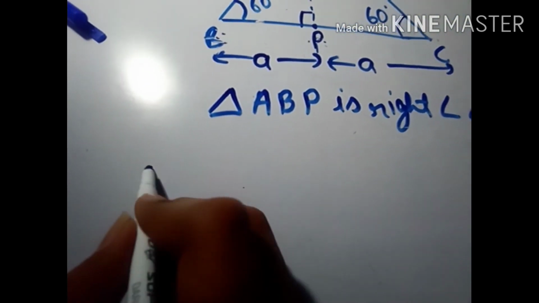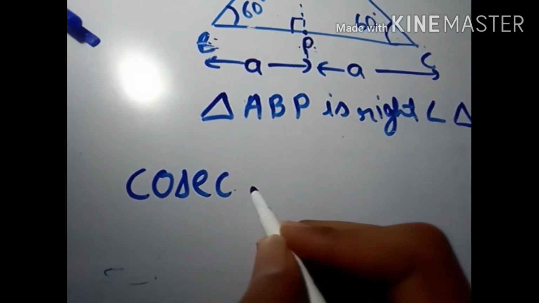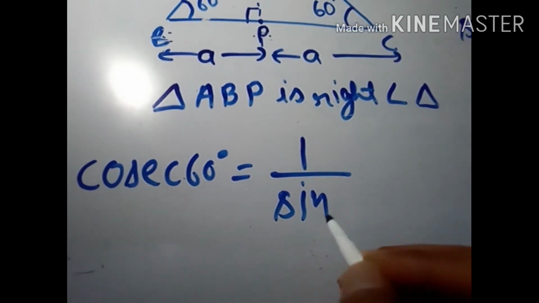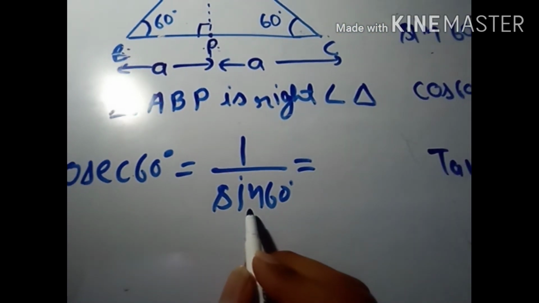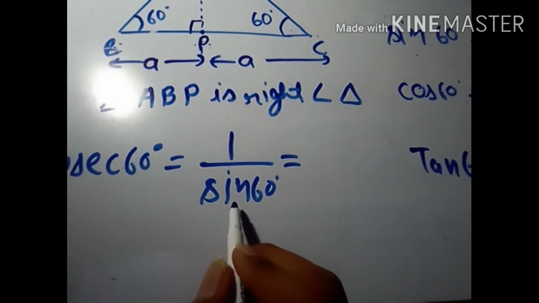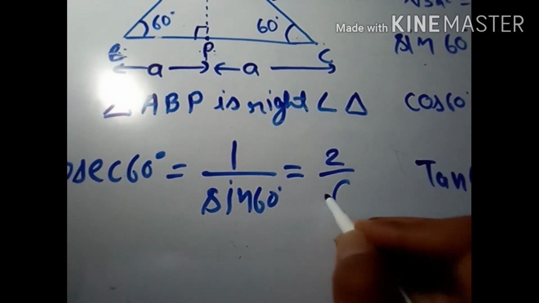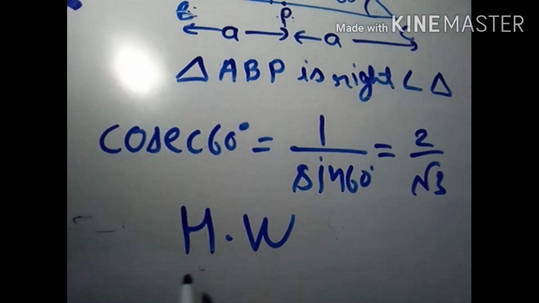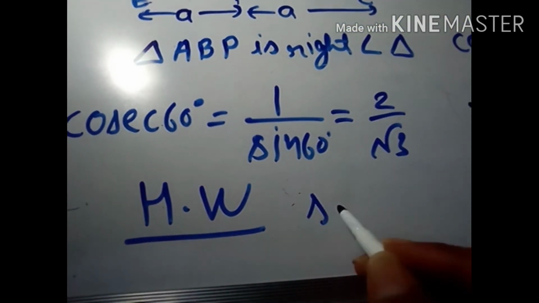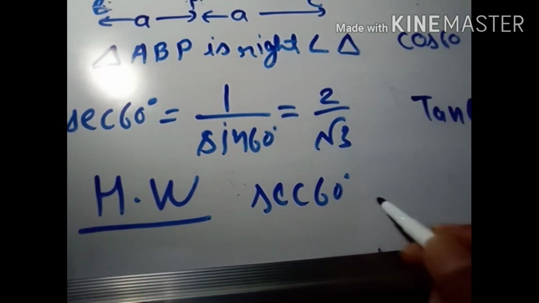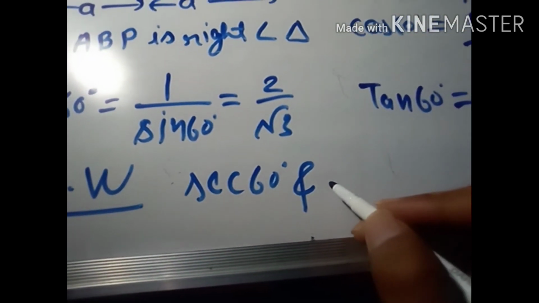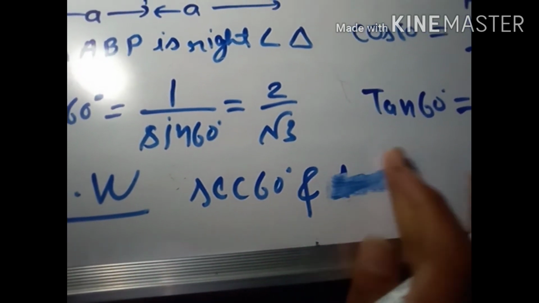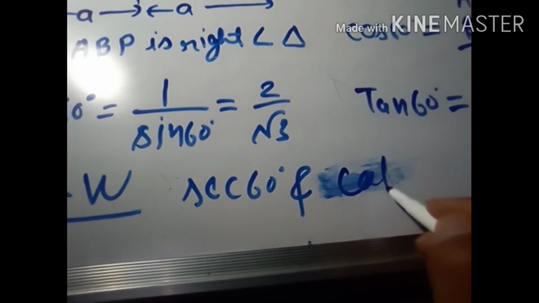For cosec 60 degree it is equal to 1 upon sine 60. And you know sine 60 is root 3 by 2. So it becomes 2 by root 3. And the remaining are homework for you: sec 60 degree and cot 60 degree. Tan we have calculated.